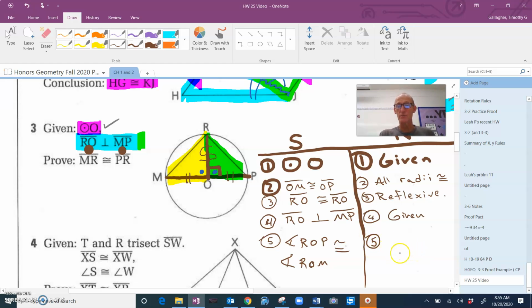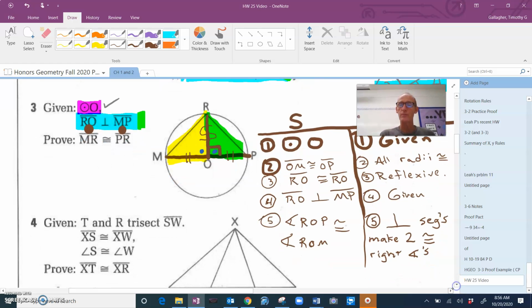Now, here's the reason. Let's sink in a little bit. Perpendicular segments make two congruent right angles.